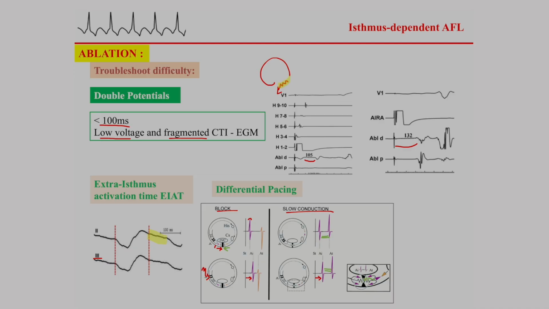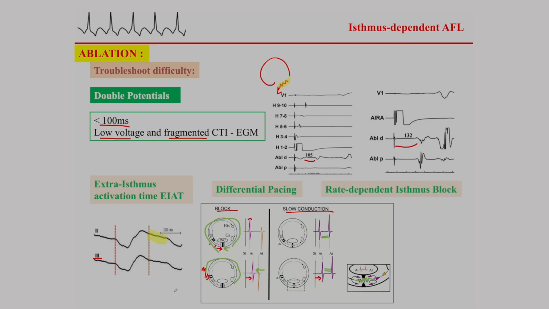So we have the same delay, we have the same interspike interval, but if we have a real block, the second component will be advanced because the distance of this clockwise wave is shorter than from the tip to the second component. So this helps us to make a differential diagnosis.